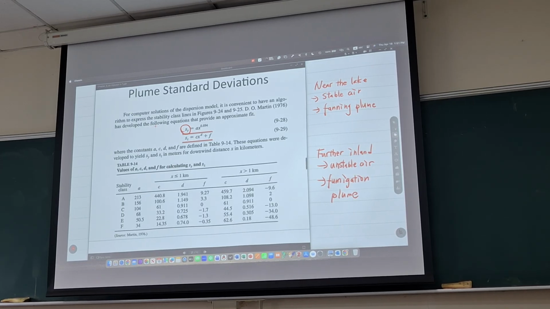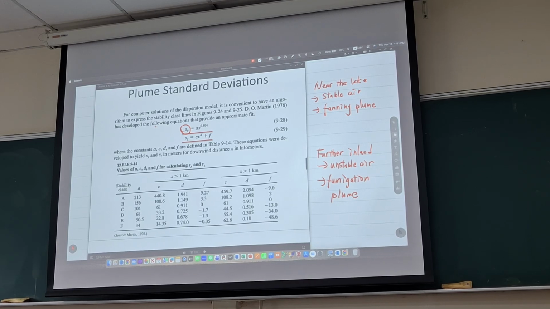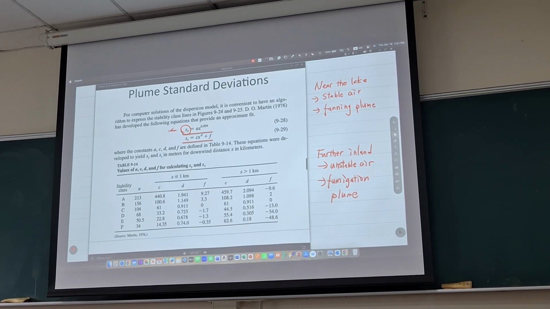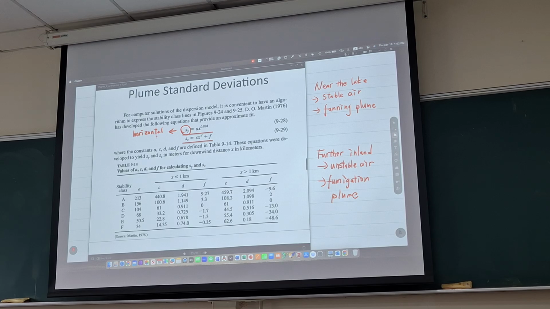And sigma y is the standard deviation of plume concentration in horizontal directions. The y stands for horizontal directions.